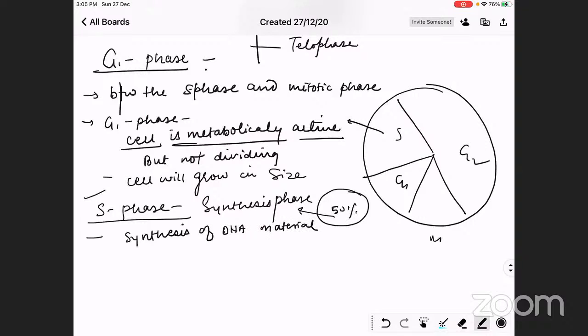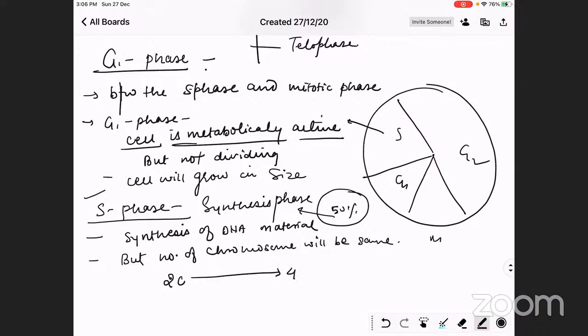The number of chromosomes will be the same. For example, if you have 2C amount of DNA in the G1 phase, it will become 4C in the S phase. But if you have diploid 2N, it will remain 2N. Means if you have 46 chromosomes, it will remain 46 chromosomes, but the amount will be double.